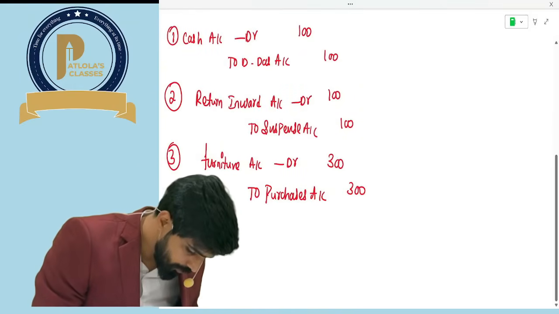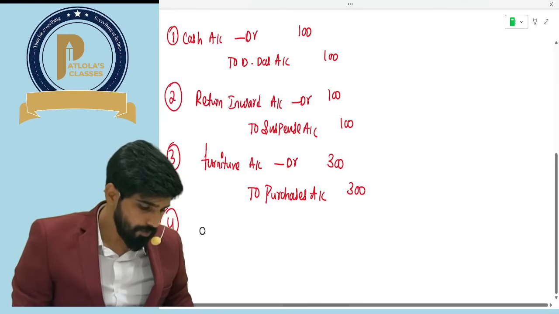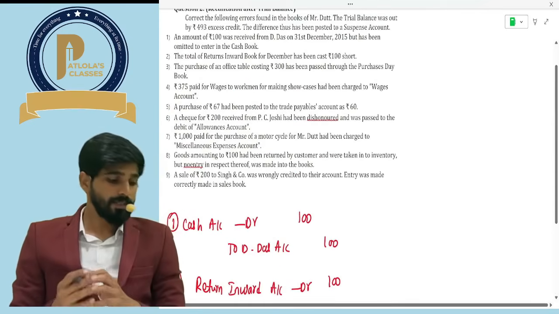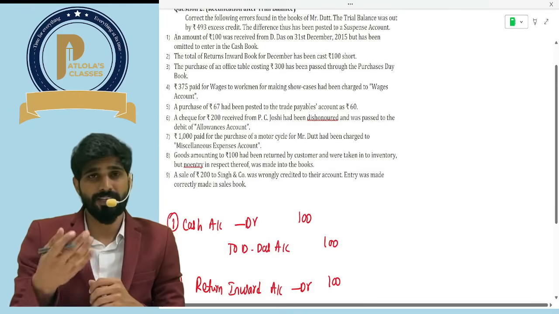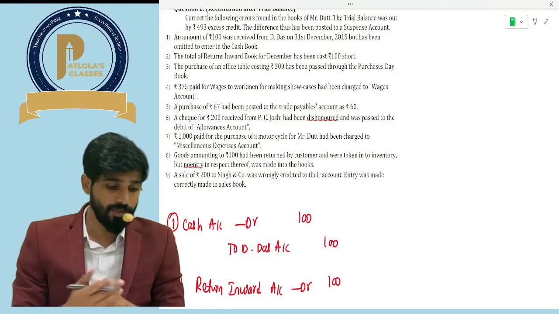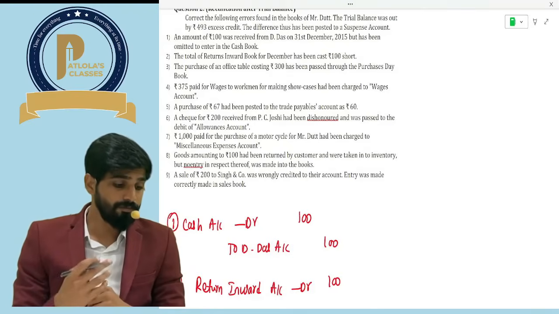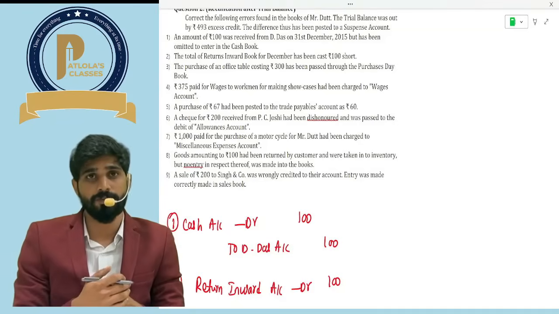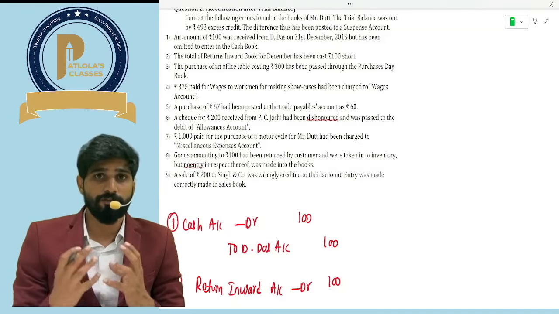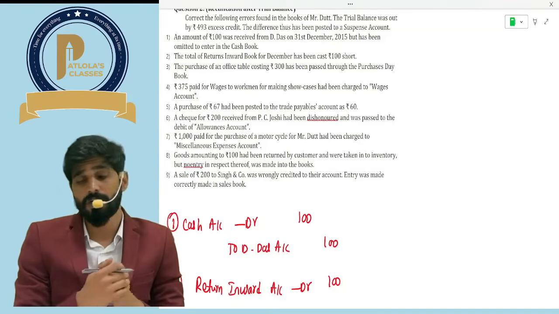Now coming to the fourth one. What is the mistake that is done? 375 paid for wages to workmen for the showcase, which is part of your furniture, has been debited to wages account. Whenever you purchase any showcase or incur any expenditure on a showcase which is part of your furniture, furniture account should be debited.